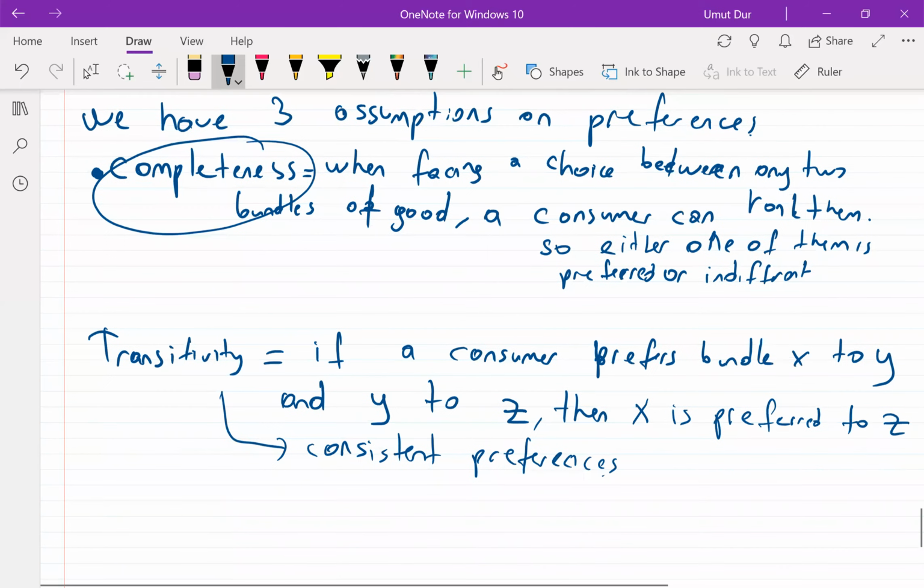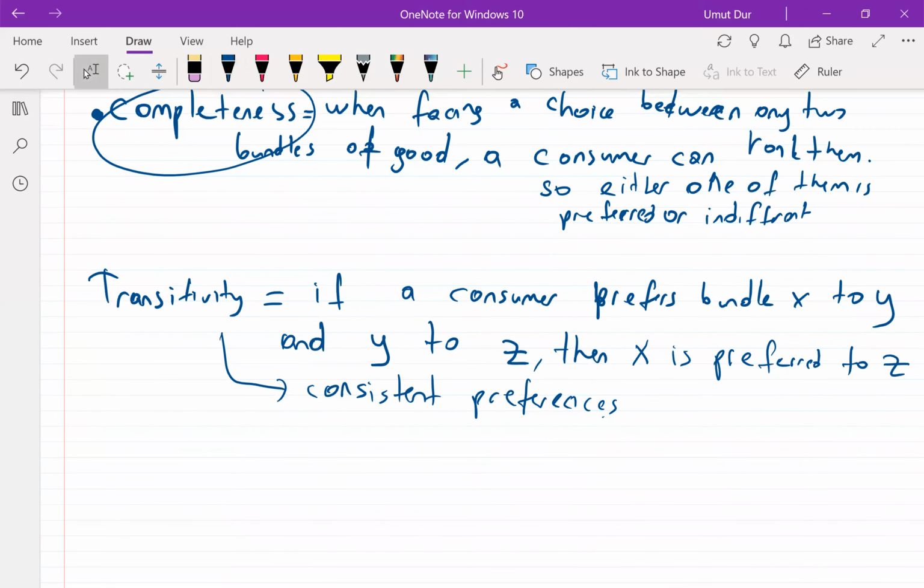For example, if you would like to go on holiday in Fethiye rather than Antalya, and if you would like to go to Antalya rather than, I don't know, Izmir, then when I ask you to compare between Fethiye and Izmir, you should always say that I would rather go to Fethiye.